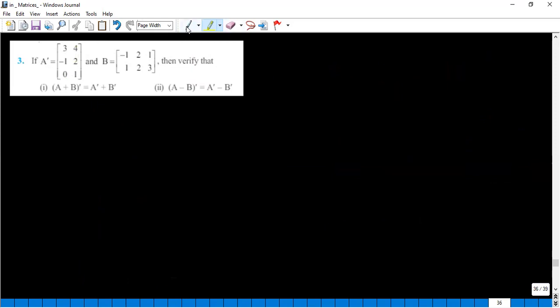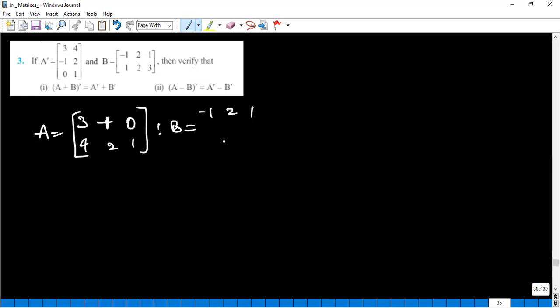First, we should find the mother matrix A. They have given A dash here, so I am going to write A. Let me write the column as row: 3, 4; 3, -1, 0; 4, 2, 1. I got the A value. B they have already given clearly: -1, 2, 1, 1, 2, 3.